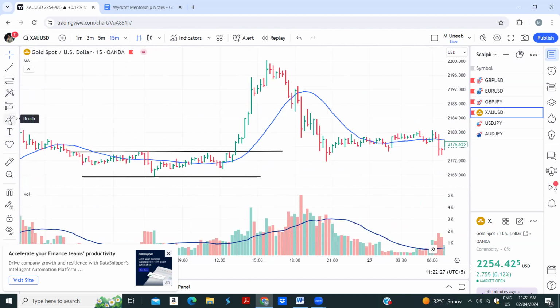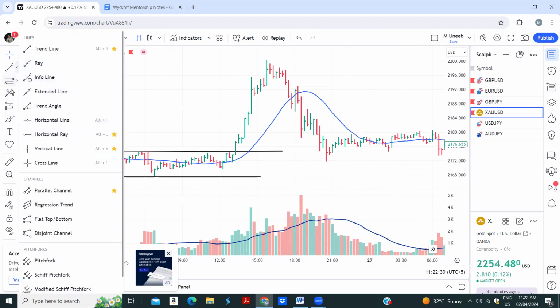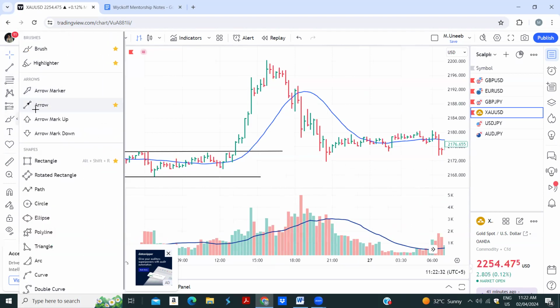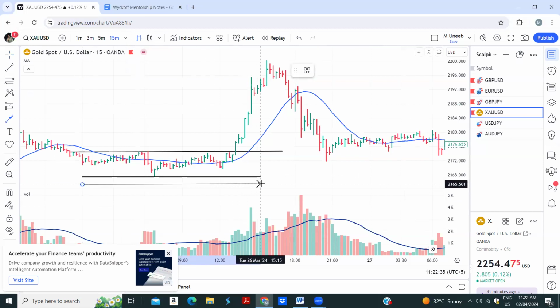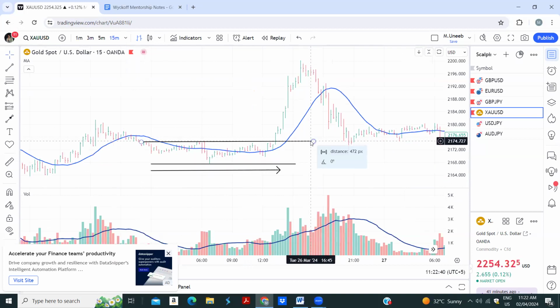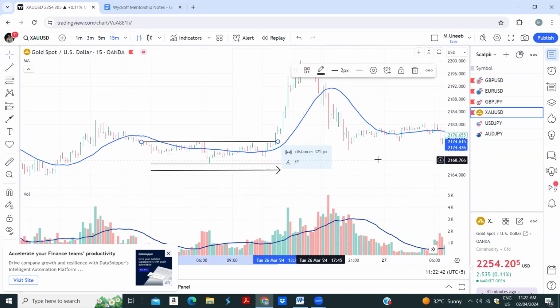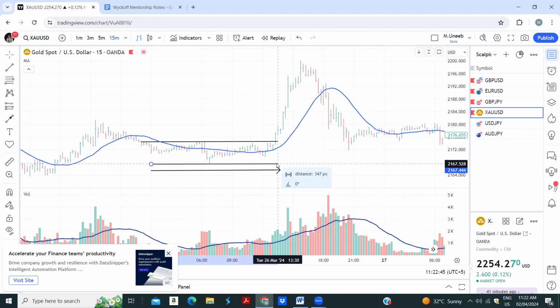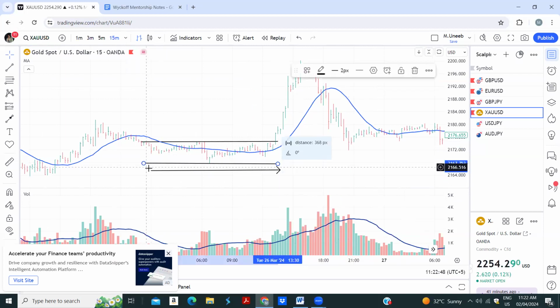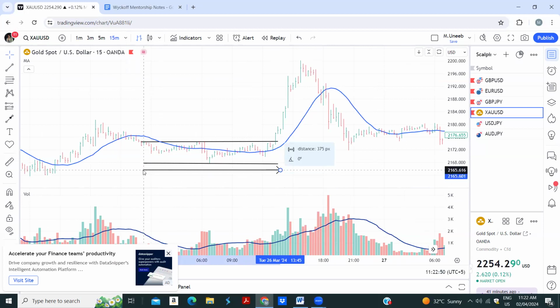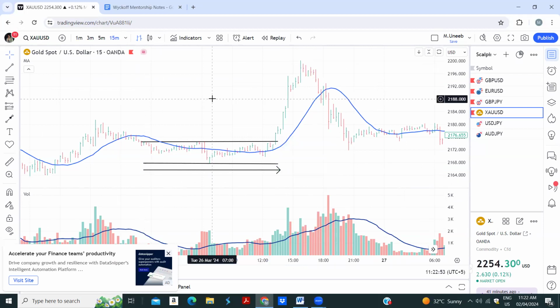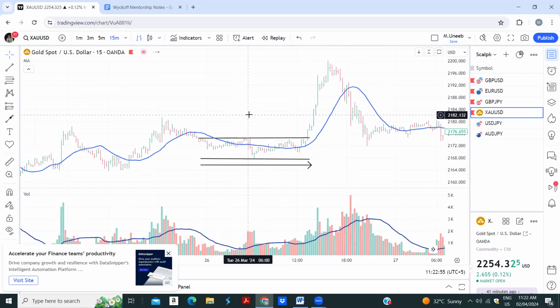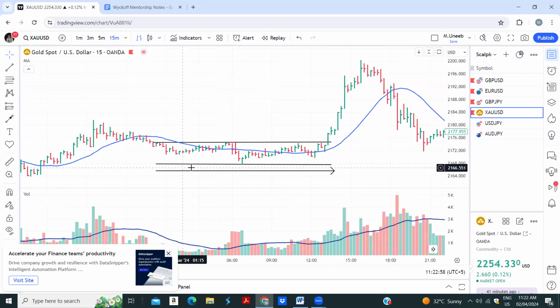So you can see, from here to here, this is the actual range. You can see the size of the range. This is known as cause.